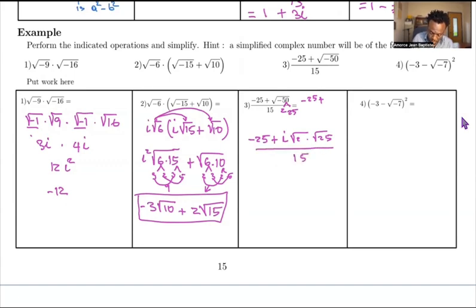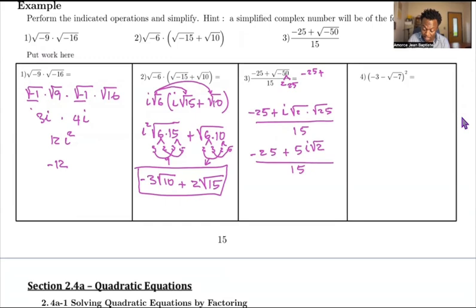So that's -25 plus, that is 5i square root of 2 over 15. Now we can simplify by 5. So that is going to be -5.